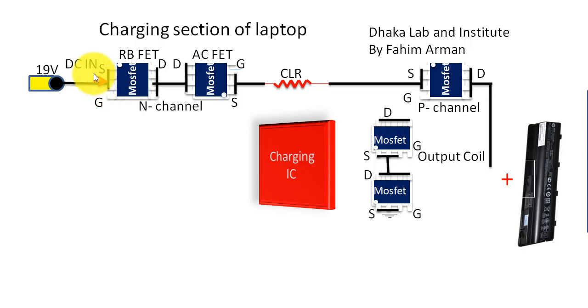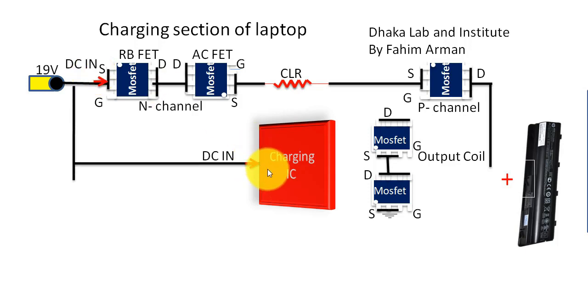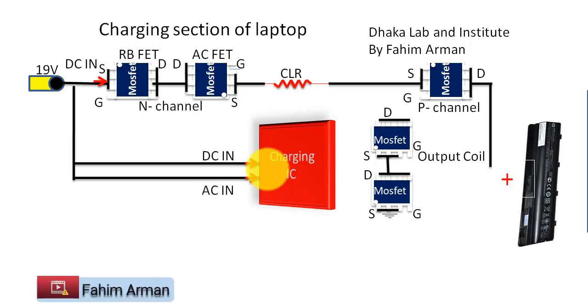This 19 volt DC will also enter into the charging IC, named DC in, and from that voltage there will also be AC in, with somewhat less voltage, entering the charging IC.